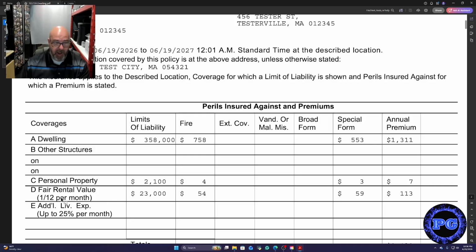You're losing rent, because it could be rented. So you've got fair rental value, which is going to be fair market value. You're losing that, so you want to be covered for it. In the event of a loss, you want to be restored back to like that loss did not occur. So that's what this is. It's just kind of a flip.